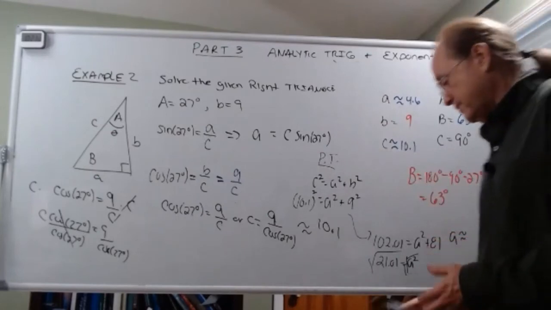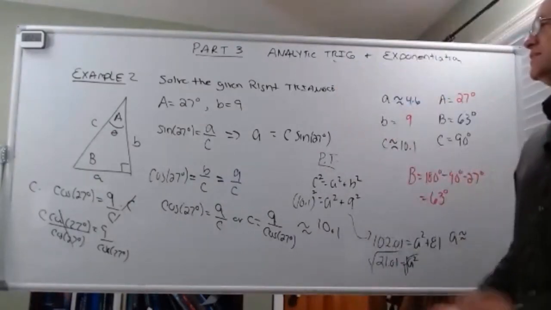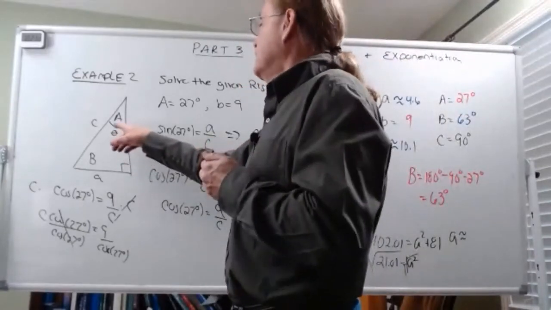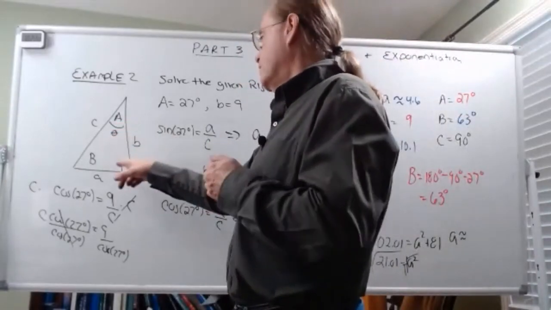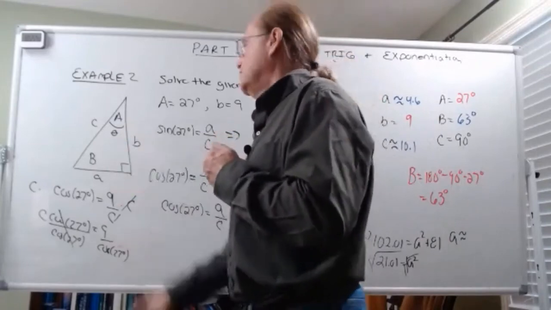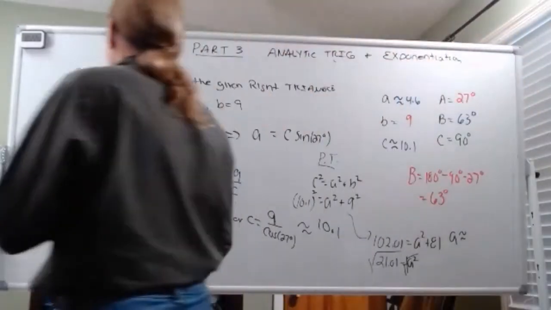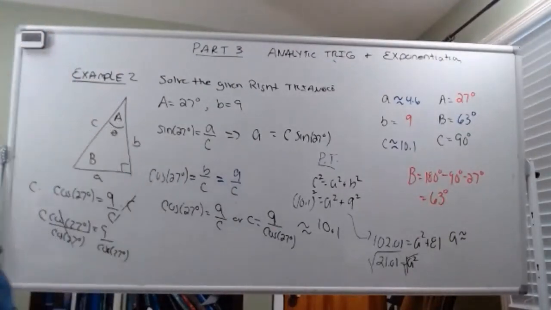That's going to be left up to you. But this is where it's a little bit easier to think of the SOHCAHTOA approach as opposed to the unit circle approach. Okay, let me give you one to try and see how it works out.